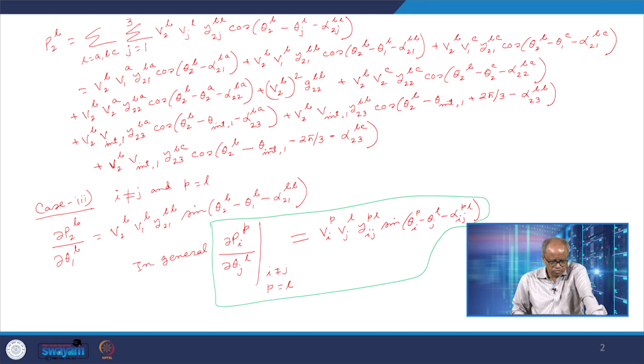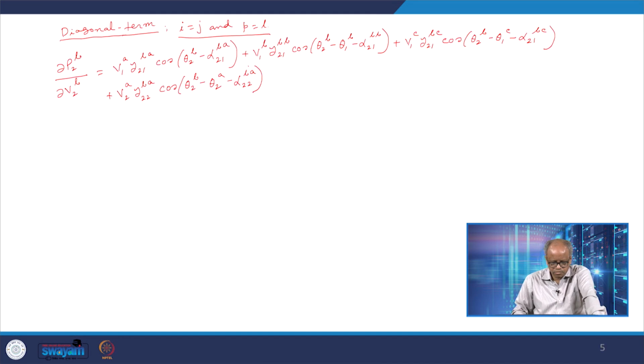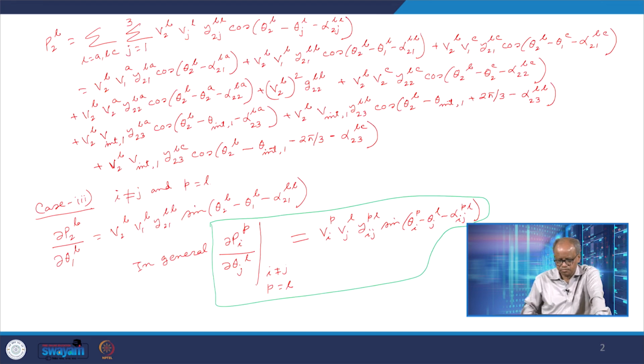Now fifth term: theta 2 cancels out, so it will be 2V2B into G22BB, right. So this is the partial derivative of the fifth term.